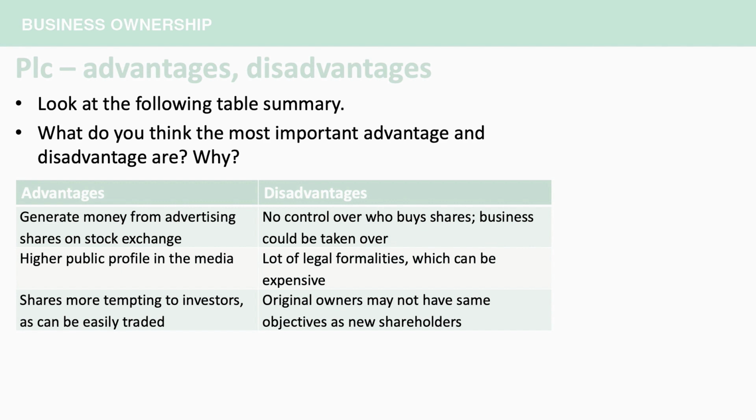There is a higher public profile in the media, and its shares are more tempting to investors as they can be easily traded. The disadvantages: the company has no control over who buys the shares, so the business could be taken over. There are lots of legal formalities which can be expensive, and the original owners may not have the same objectives as the new shareholders.